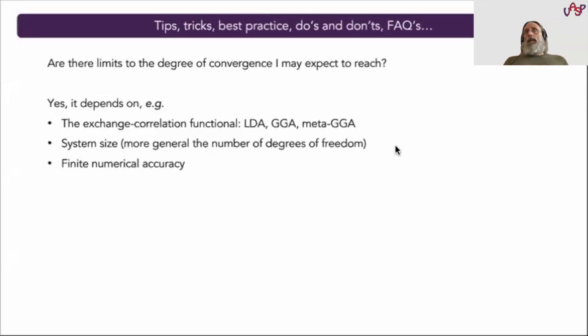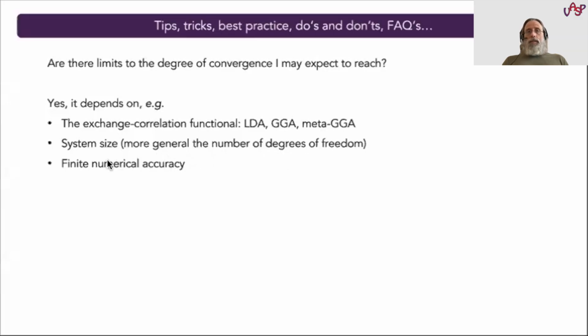So I might be able to converge a primitive cell with 2 atoms to 10^-8 eV, but if I build a supercell out of this, say a 10 by 10 by 10 supercell, so a 1,000 times larger cell, can I still honestly expect to converge this to EDIFF of 10^-8? No, this will be more difficult.